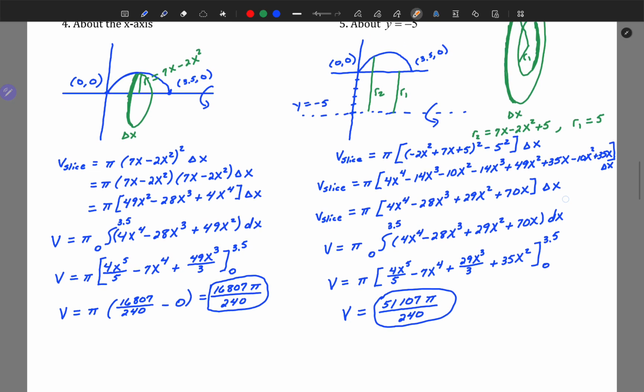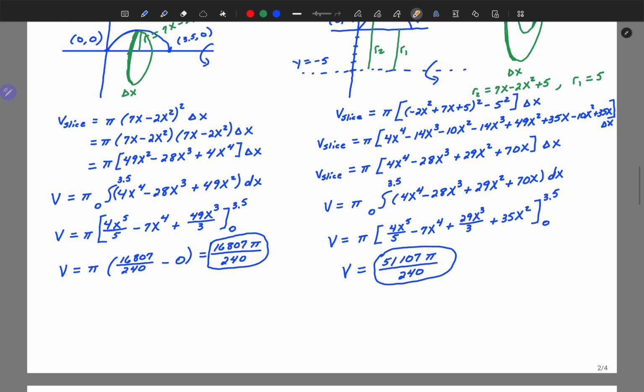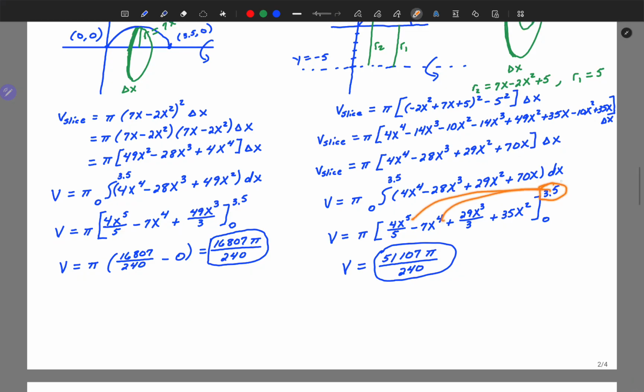The volume of the entire rotated solid is going to be this formula, pi times the integral from where the slices would begin to where the slices would end, again 0 to 3.5, of that formula integrated with respect to x. All we have to do here is power rule on each of the terms, pretty straightforward. And just like last time, I plugged this into my calculator to evaluate it at 3.5.